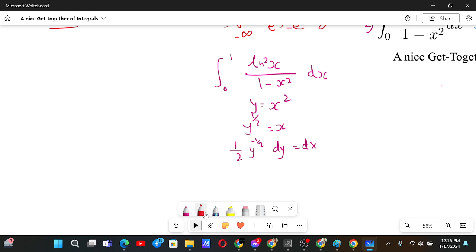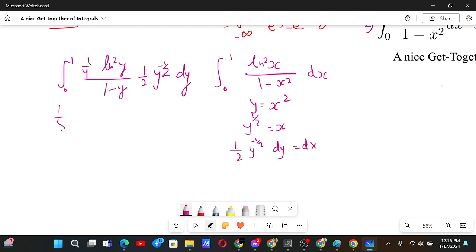And then what we can do is make this change in limits, integral from 0 to 1, and that will be ln square of y to the power 1 by 2. The 1 by 2 comes out and gets squared, so 1 by 4 ln square y by 1 minus y, and then over here 1 by 2 y to the power minus 1 by 2 dy.